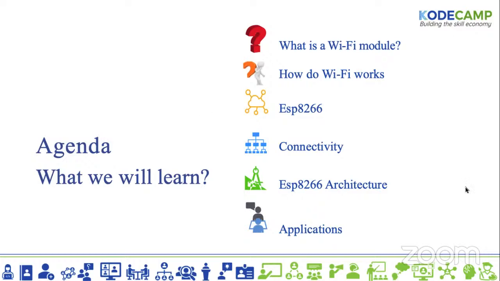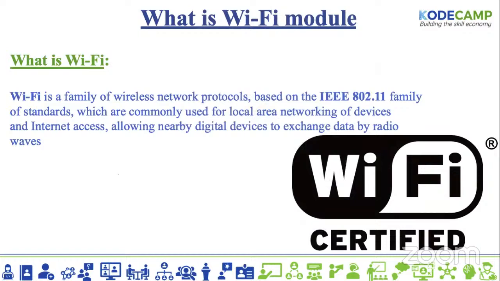So looking at this now, the first thing is what is a Wi-Fi module. Before you're able to define what a Wi-Fi module is, you should first understand what Wi-Fi itself is, because when you understand what Wi-Fi is, that's when you're able to know what a module is.